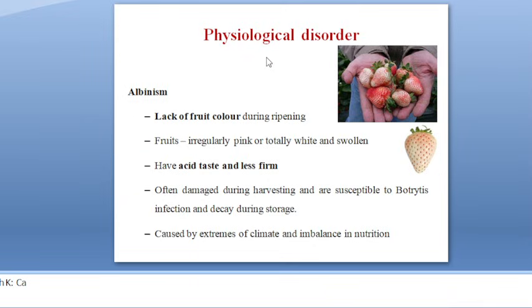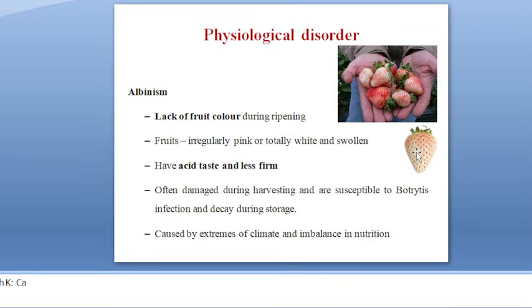Mainly one important disorder is there in case of strawberry, that is called albinism. Albinism is mainly the discoloration of the fruit, lack of development of color, and the affected fruits will have an acidic taste, and the fruit firmness will also be very less, and it is not fit for consumption.